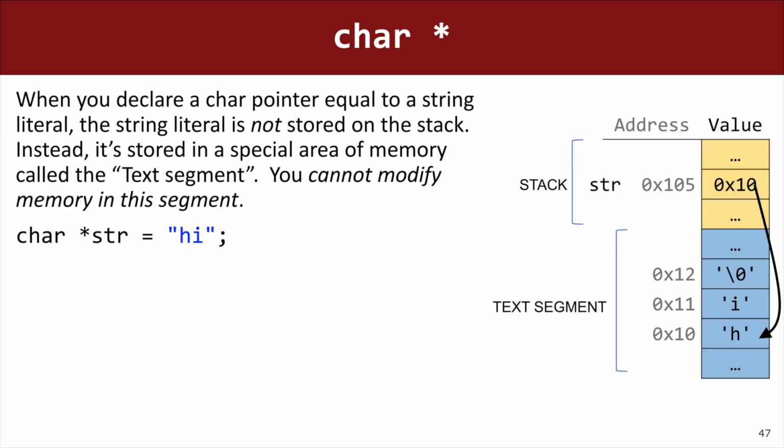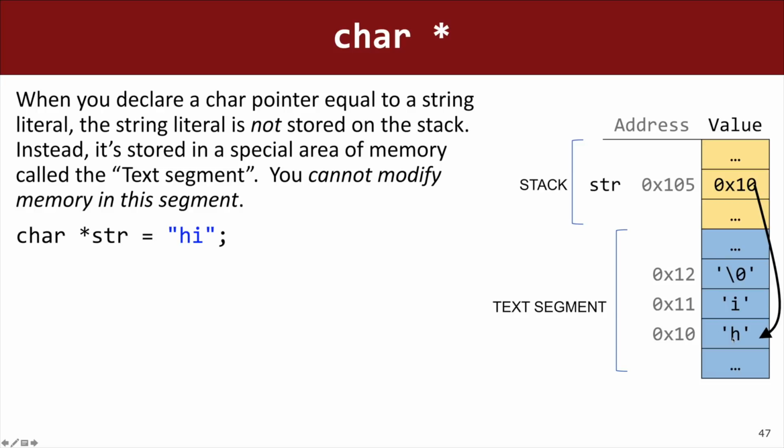So the stack in this case would contain a variable for str, maybe at some address 0x105, which I just made up, and it stores the location of the first character of the string literal, which is 0x10, which is down in the text segment that stores the character h.